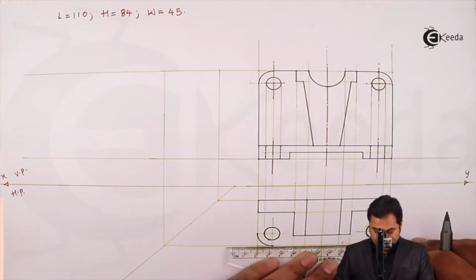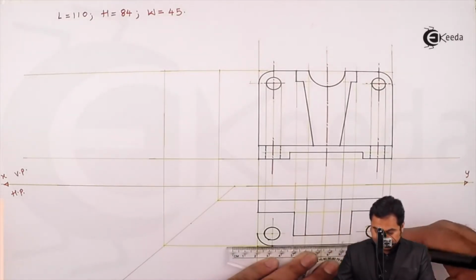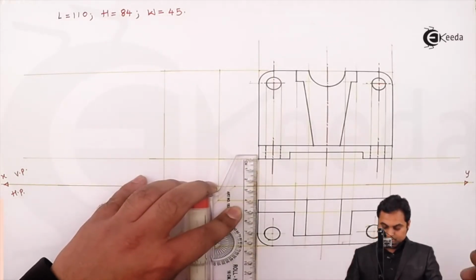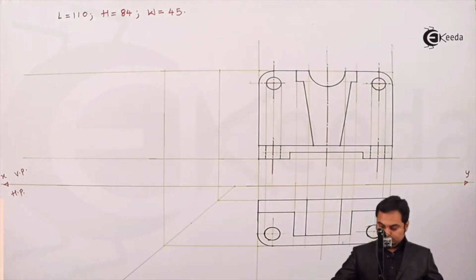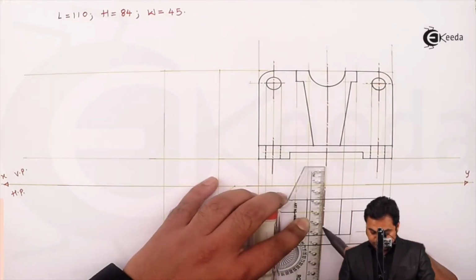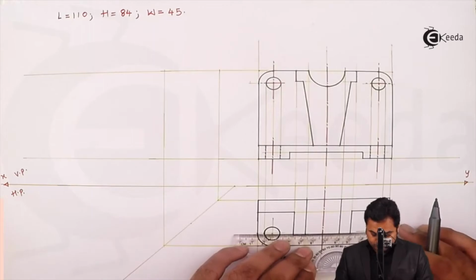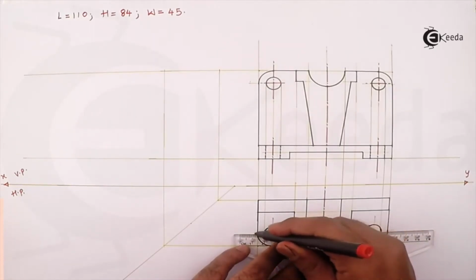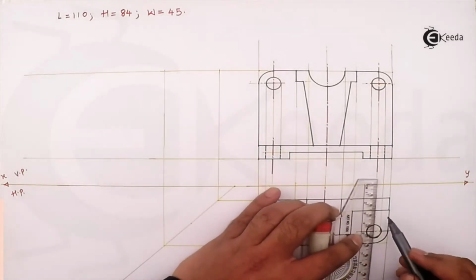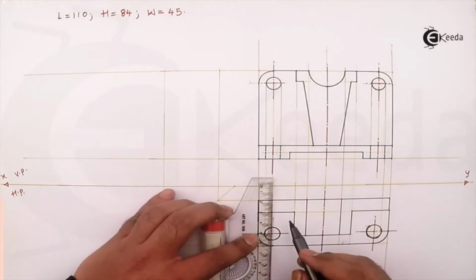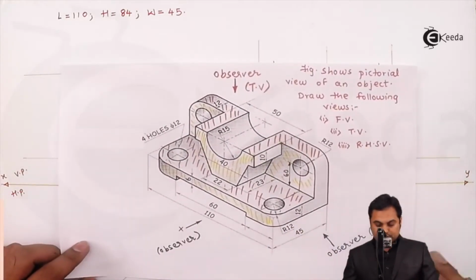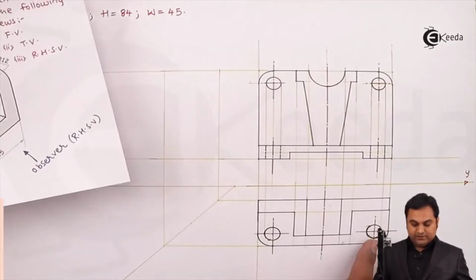Here I'll draw this dark line as the outline. So when looking from the top, these are the things which I have drawn as visible.